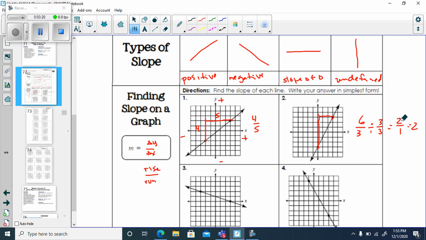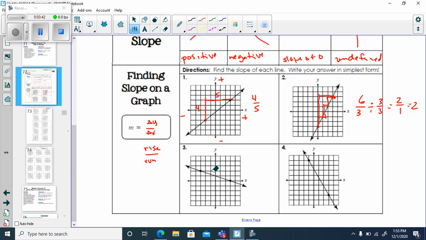This means that for each 2 I go up, I go over 1. Let's see if these all fit on the line. Up 2 over 1. Yep. See, it works. No matter where your point is, that slope will tell you where each next point is going to be.